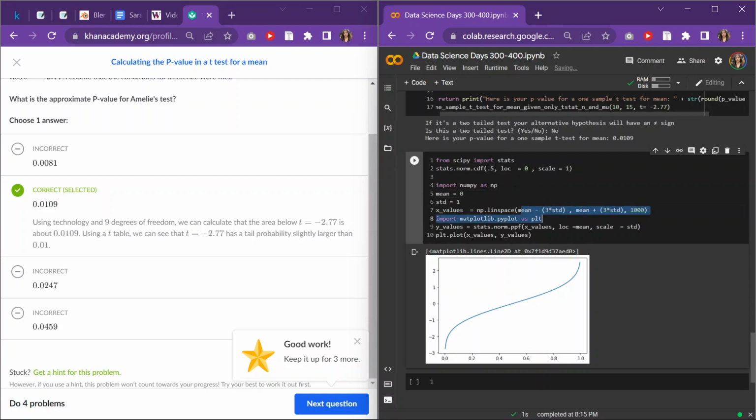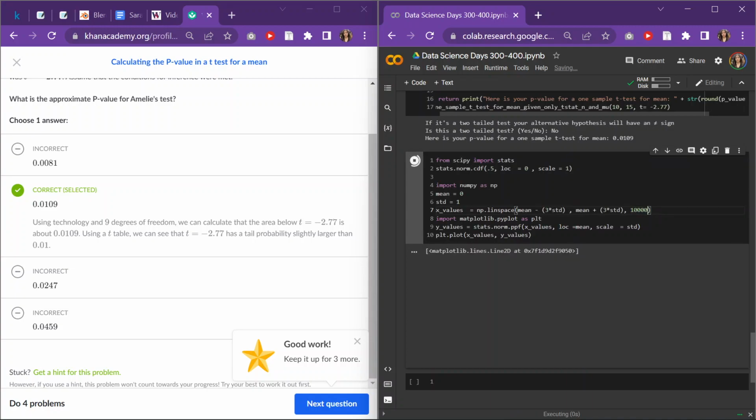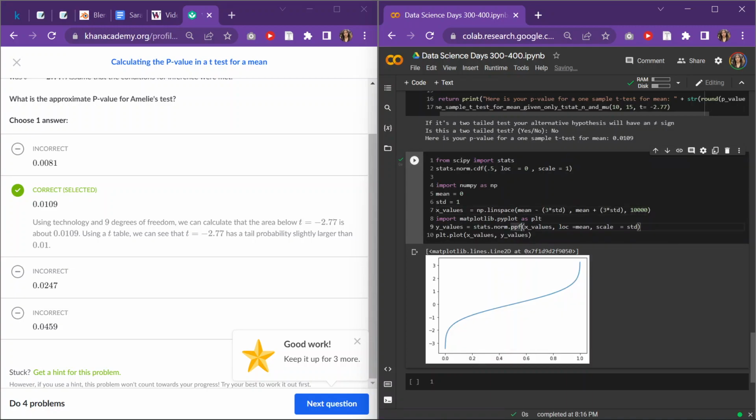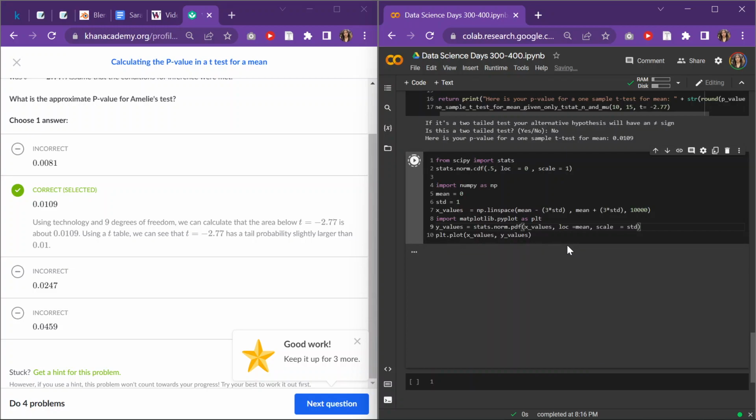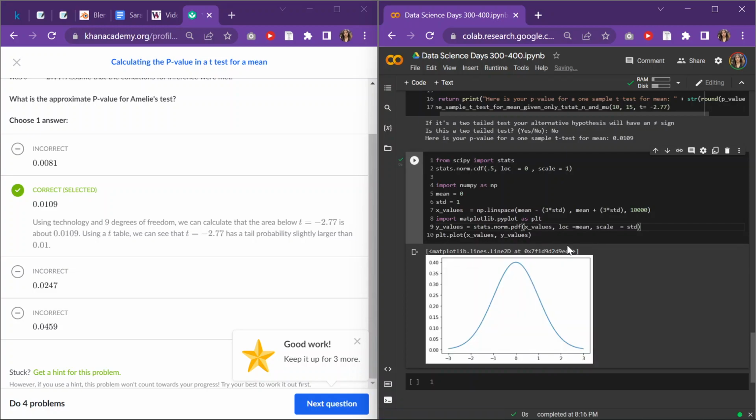If I do mean minus 3 times the standard deviation, mean plus 3 times the standard deviation, and then 10,000 as my x values, ppf, pdf. There we go. Whoops, sorry, I used ppf instead of pdf. Okay, anyway, this is what a normal distribution looks like.